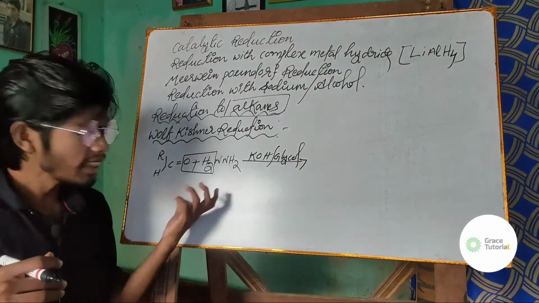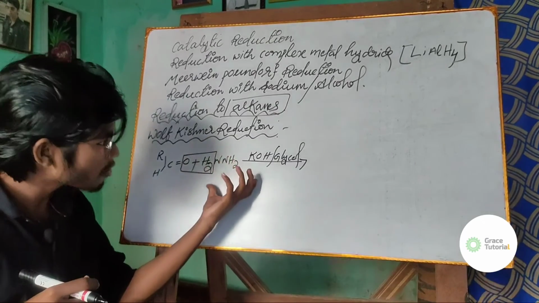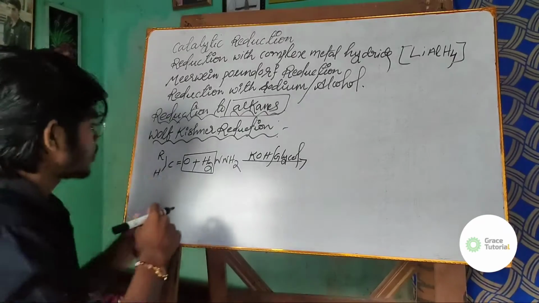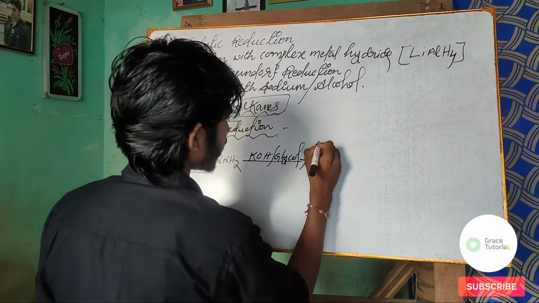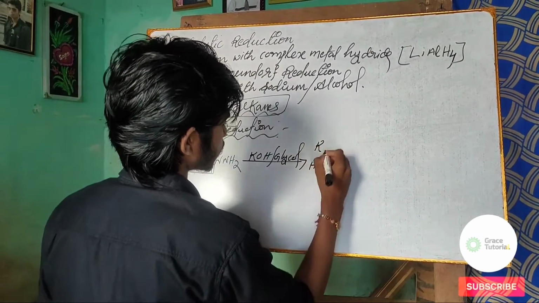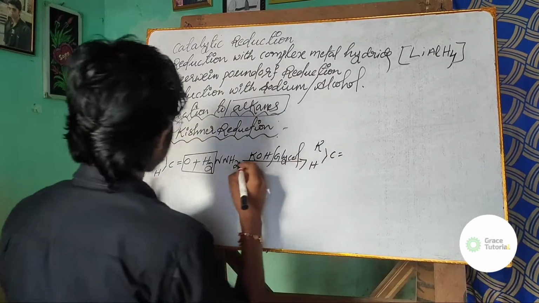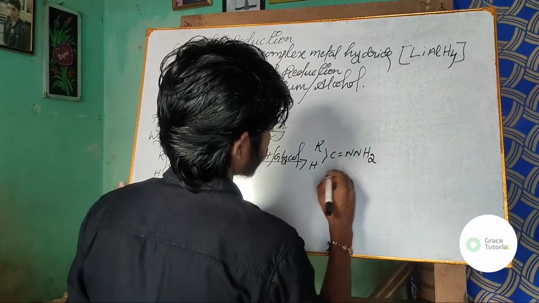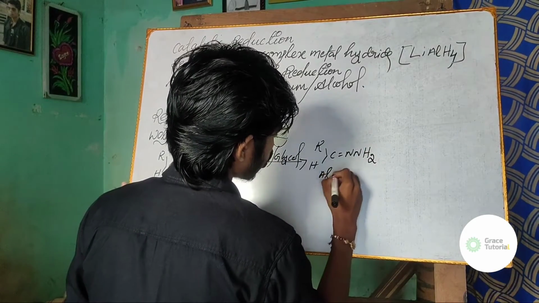That means when the aldehyde reacts with hydrazine in the presence of potassium hydroxide in glycol, first of all we get the =N-NH2 compound. So this is aldehyde hydrazone.